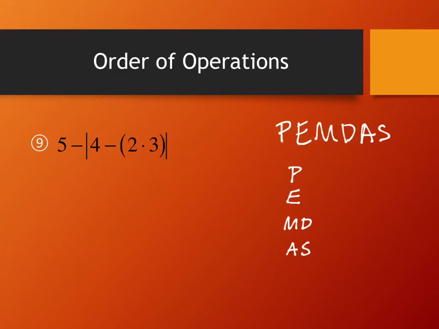So P stands for parentheses. E stands for exponent, or exponents. The M and D, of course, are for multiplication and division. I'm just going to write multiply, divide.